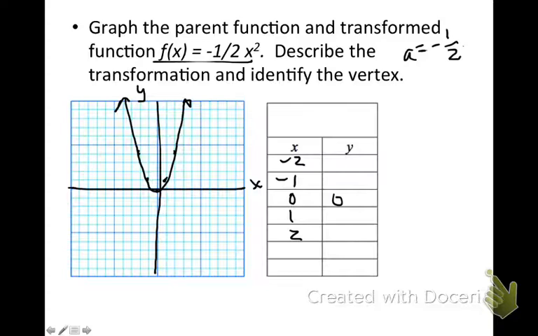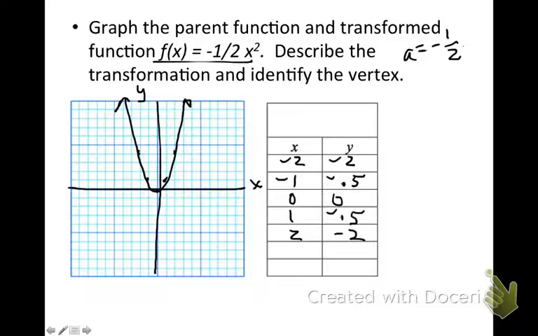So if I square negative 1, I get positive 1 times negative 1/2, and I'm going to write that as negative 0.5. Negative 2 squared is 4, and then half of 4 is 2, and we'll make that negative. Now, if you've noticed, parabolas are symmetrical, so if I have points evenly on either side of the vertex, my y values will be the same.